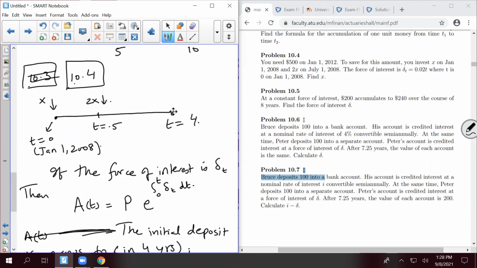Yes, it sits for 3.5 years, but we can't say that it goes from time 0 to time 3.5, because it's obviously going from time 0.5 to time 4.